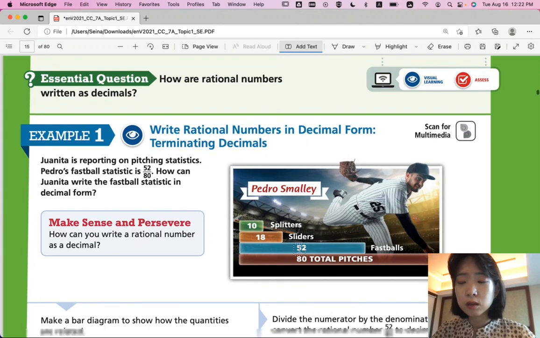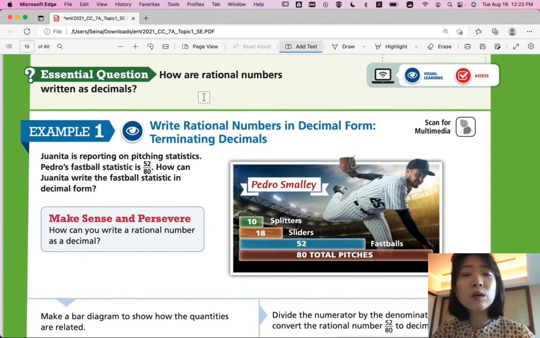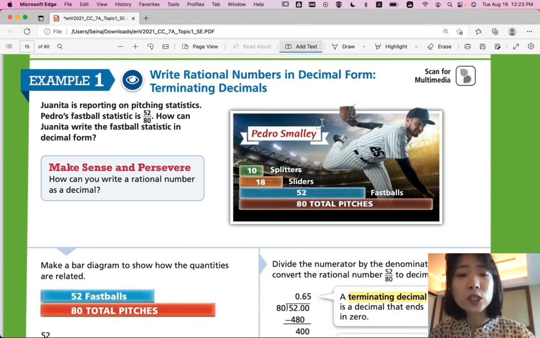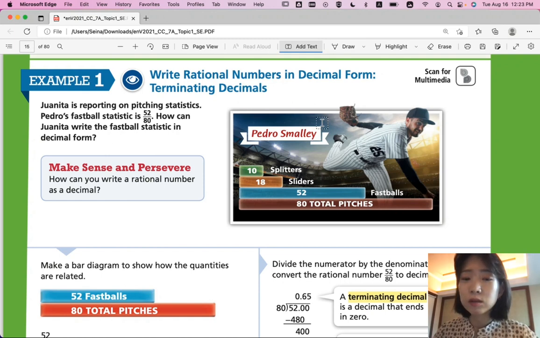So throughout this lesson, let's think about how rational numbers are written as decimals. Example 1. Write rational numbers in decimal form. Terminating decimals. Decimals have different types. Do you know what terminating means?